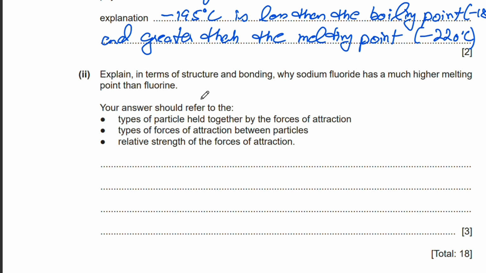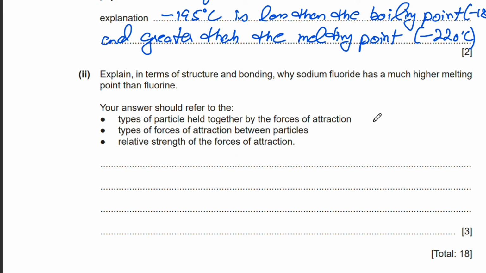Explain in terms of structure and bonding why sodium fluoride has a much higher melting point than fluorine. Your answer should refer to the types of particles held together by the forces of attraction, types of forces of attraction between the particles, and the relative strength of the forces of attraction.